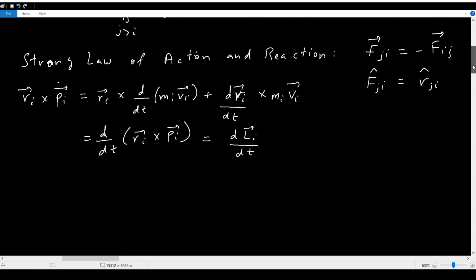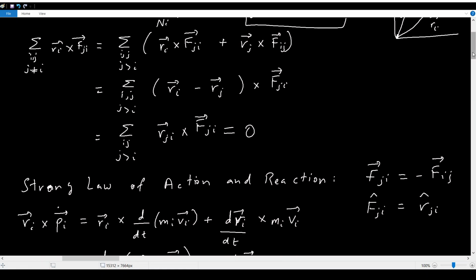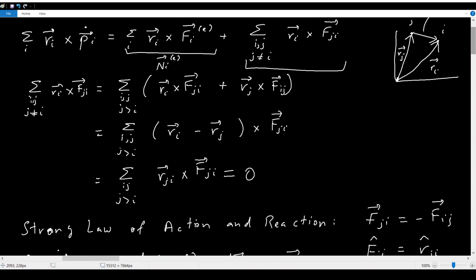So going back, we have shown that this is the time derivative of the angular momentum of the ith particle, and this is the net torque on the ith particle. This is the net torque due to the external forces. So of course this is a sum over i.